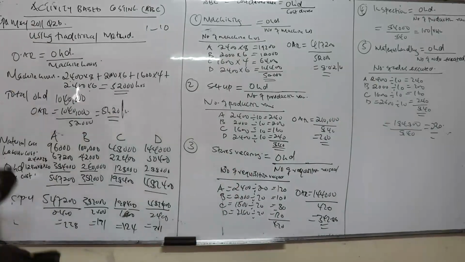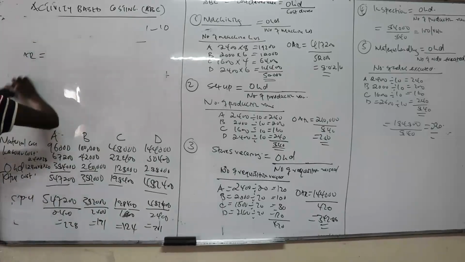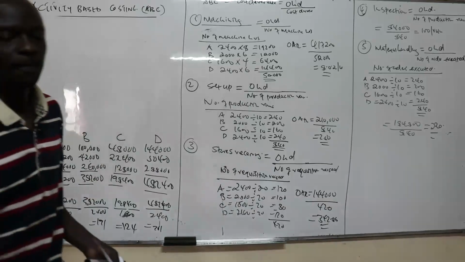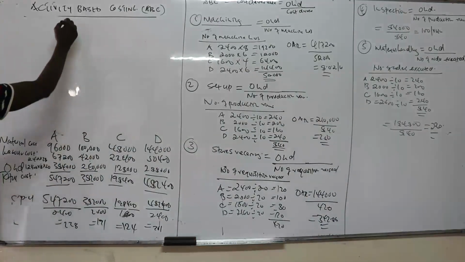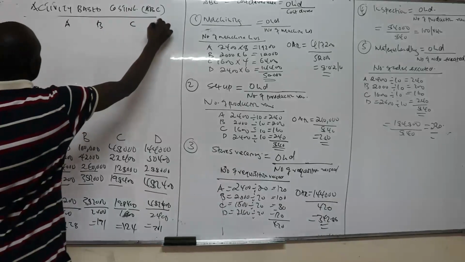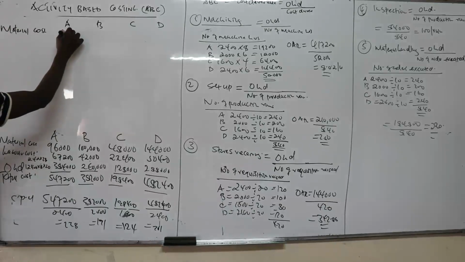So now we determine the total cost. We have product A, B, C, and D. Already we had done the material cost, which will be the same. Material cost for product A was 96,000.